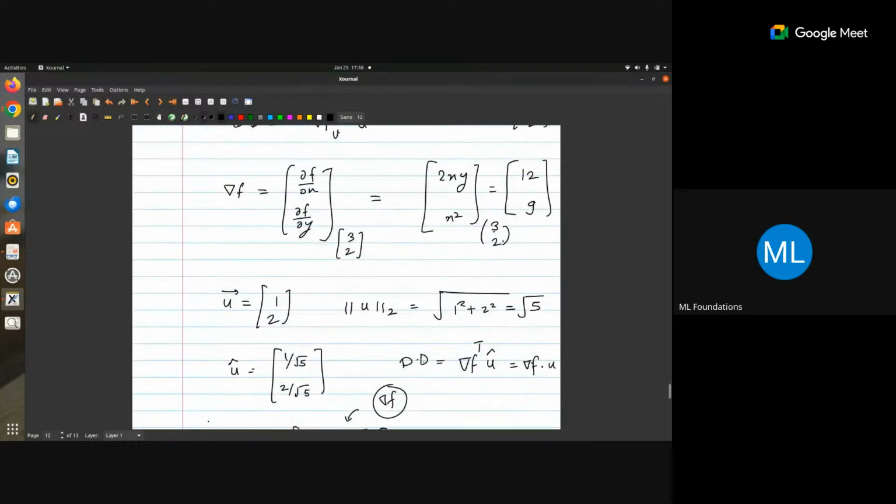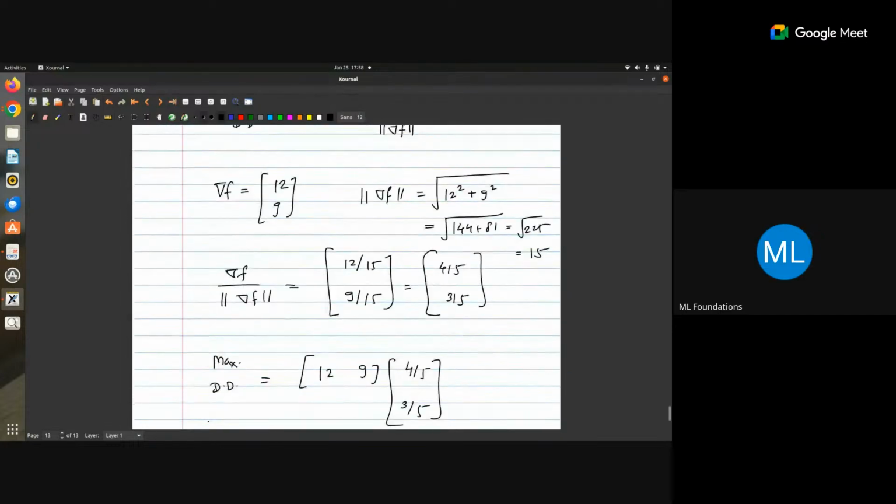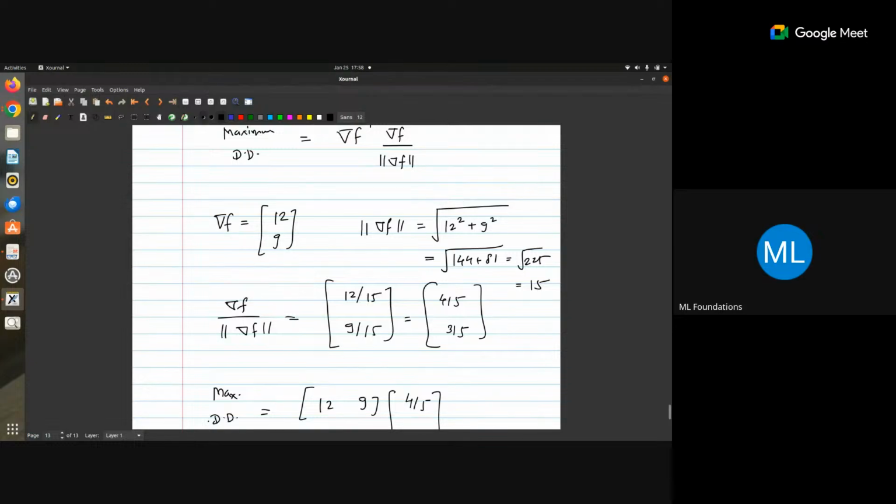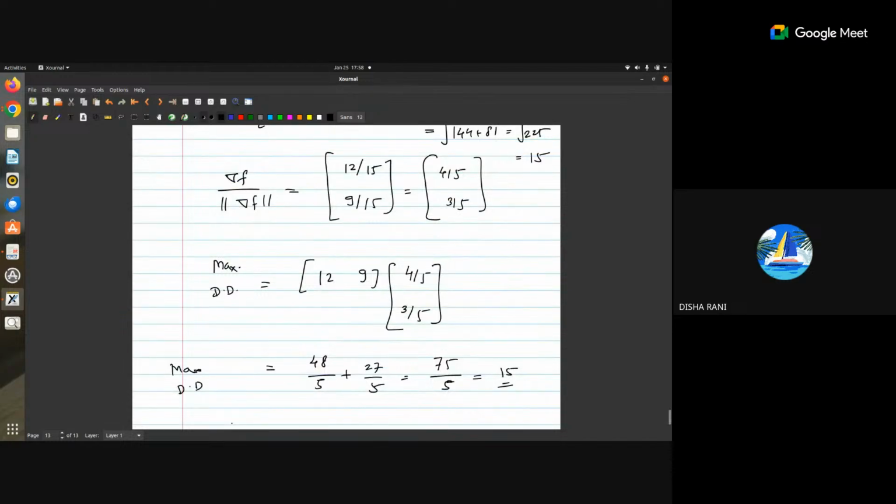We are just saying that the maximum will be obtained in the direction of the gradient itself. That is the only thing. Is that okay? Yes, sir. Any doubts, others?